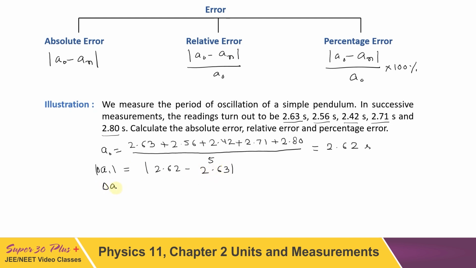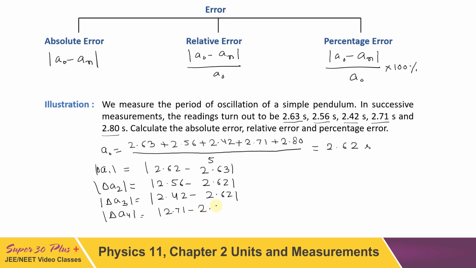Similarly delta A2 would be 2.56 minus 2.62, and remember the mod sign is there, so it has to be positive. Delta A3, 2.42 minus 2.62, delta A4, that is 2.71 minus 2.62, and last, delta A5, which is 2.80 minus 2.62.